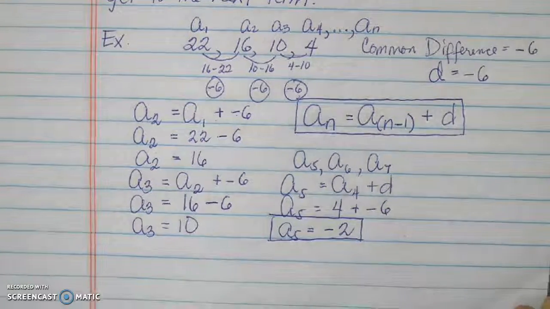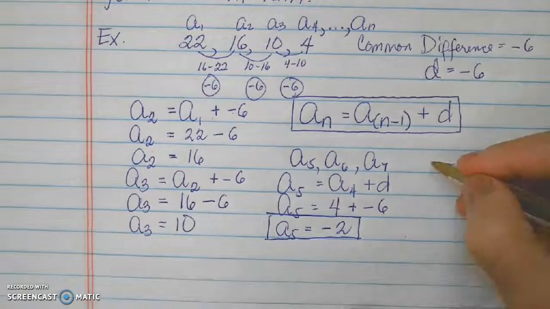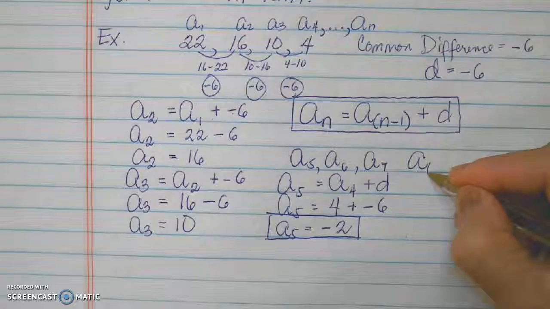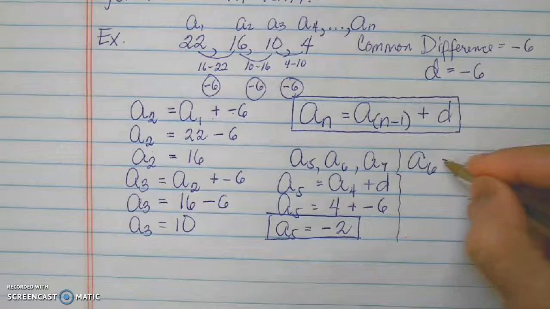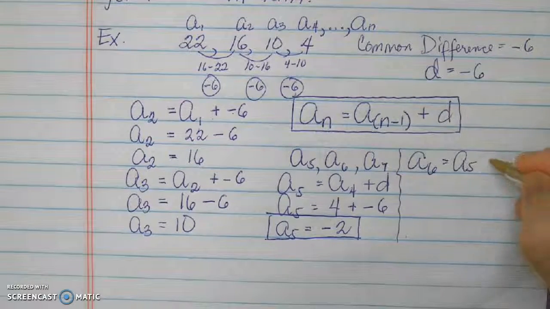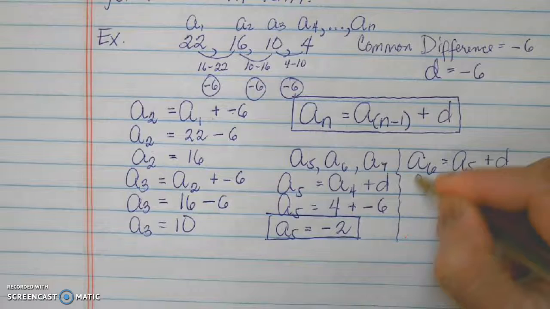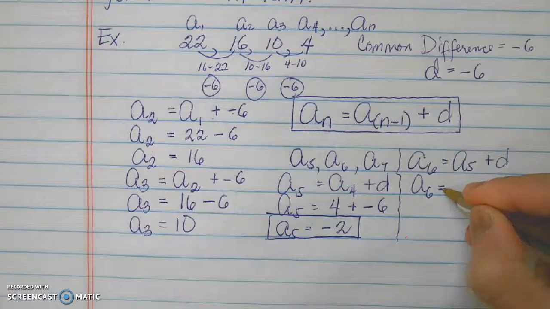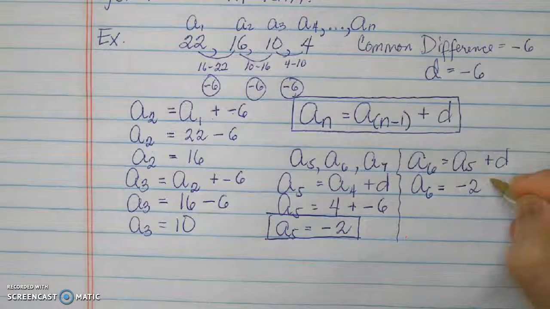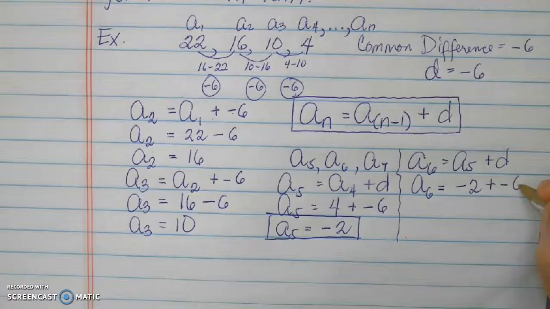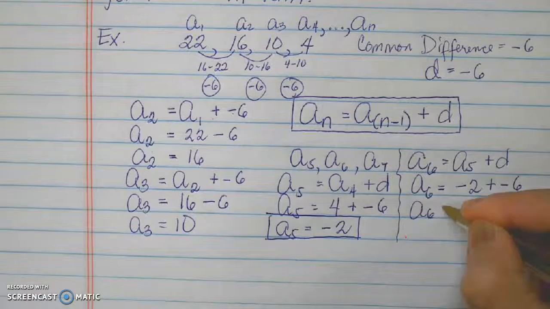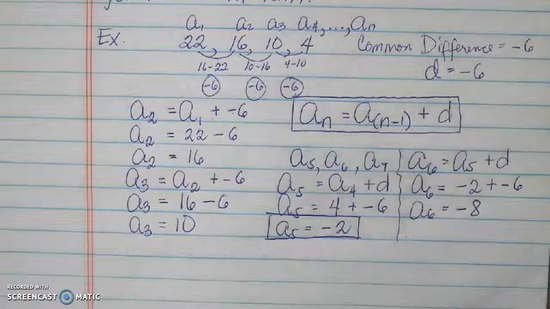We need to look for our A6. So our A6, I need my A5, which I will add to my D. And my A6 is equal to negative 2 plus negative 6, which is negative 8.